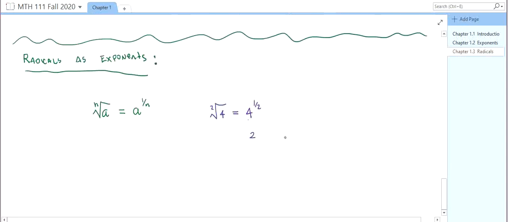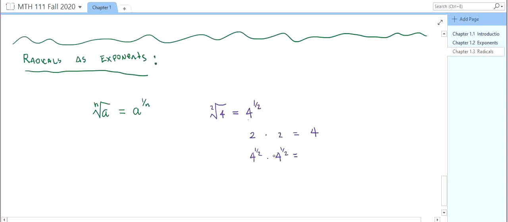So if I multiply it by itself, 2 times 2 equals 4. That's really kind of what we're saying here. So the square root of 4 equals 2, but I can write it as 4 to the 1/2. So if I take 2 of these, so this equals that, but let's say I go 4 to the 1/2 times 4 to the 1/2.